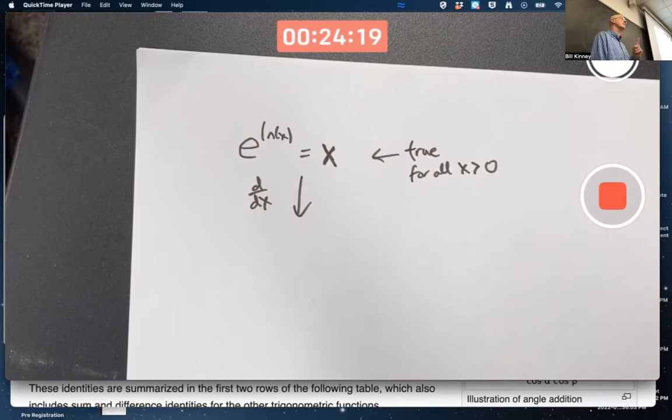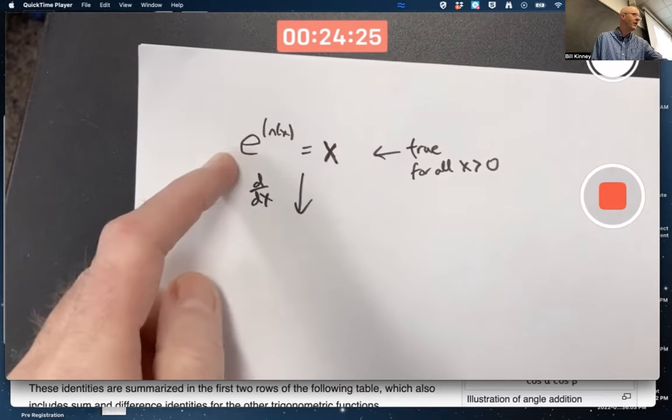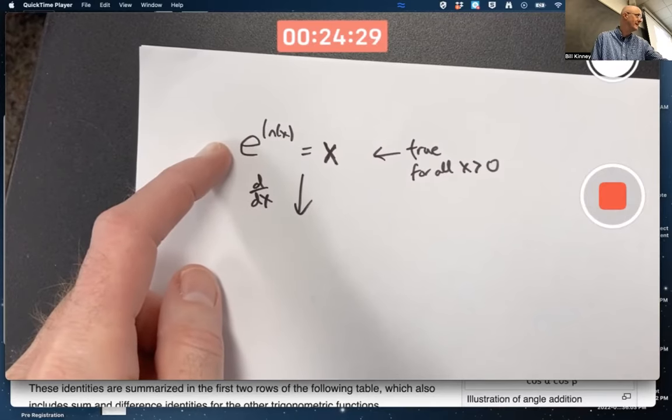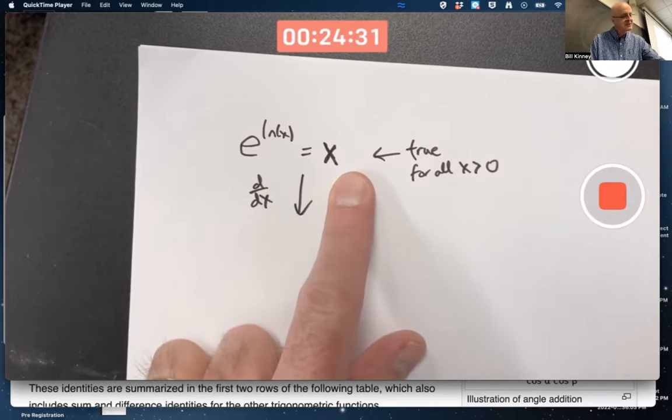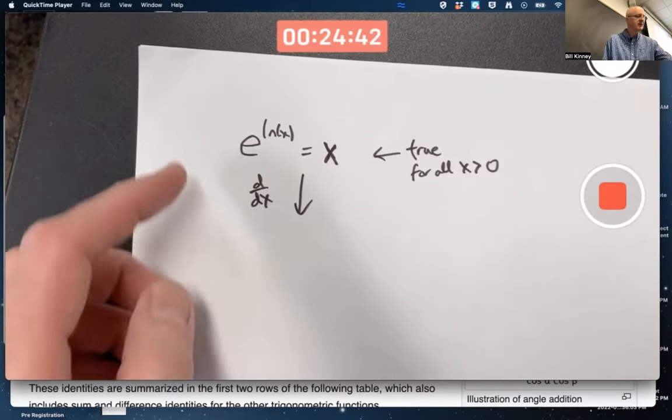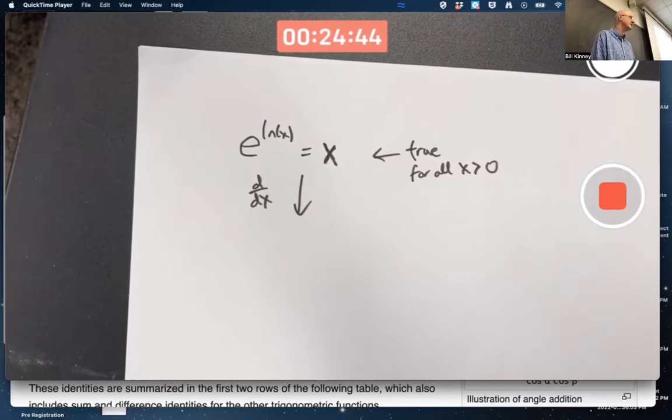However, there's a little bit of a problem here. In doing so, I'm assuming this is differentiable to begin with, and that I could apply the chain rule to it. Now, it does equal x for all positive x, and since x is differentiable, this has got to be differentiable. But part of the assumption of the chain rule is that the inside function is also differentiable.